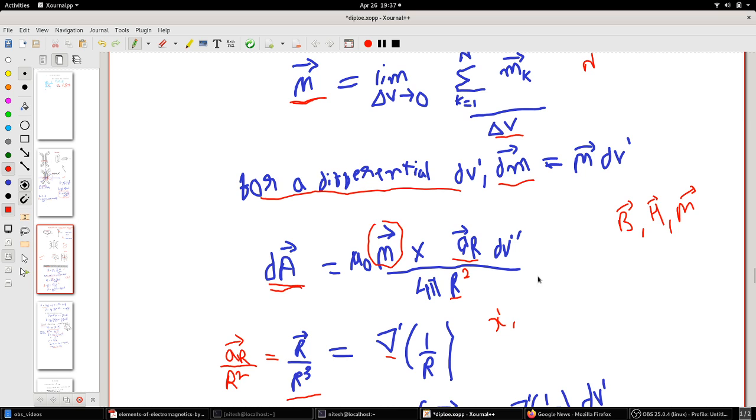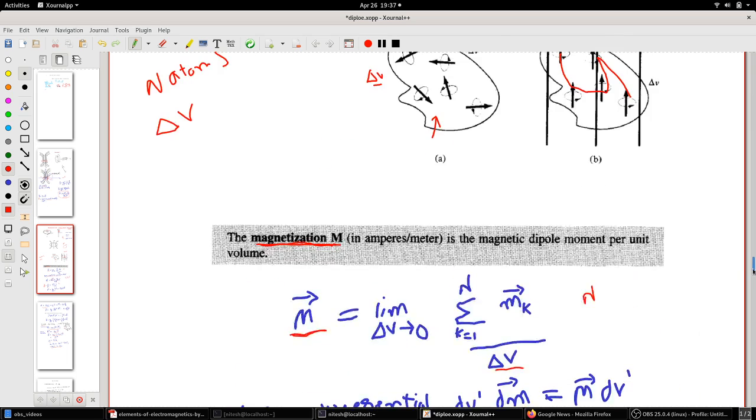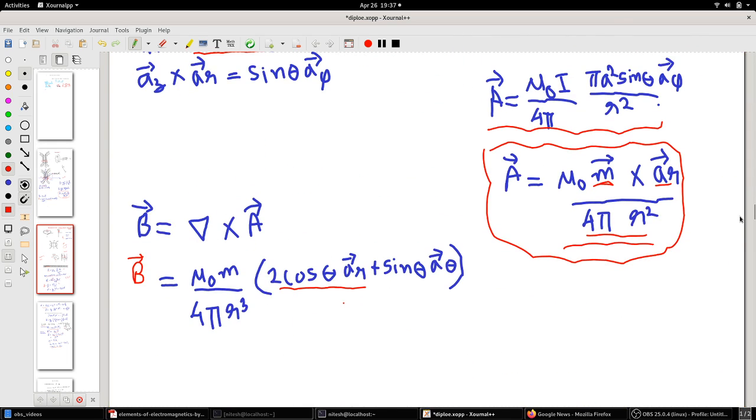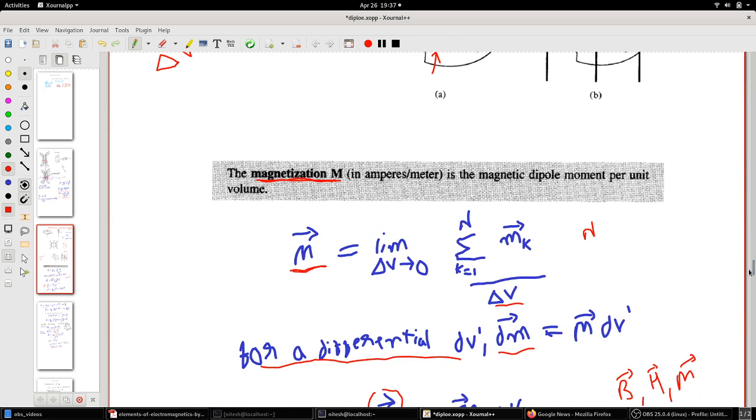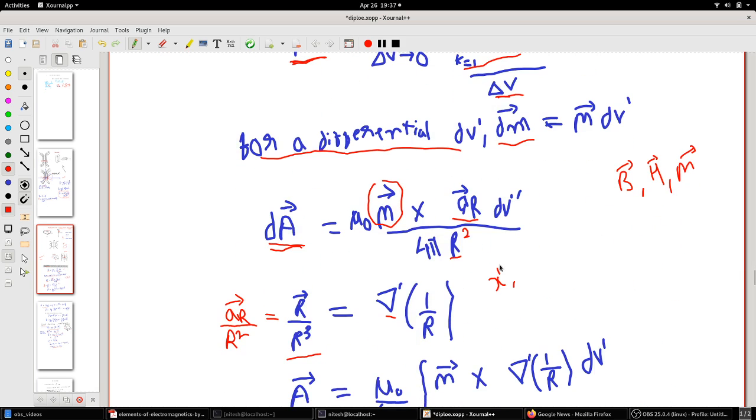The magnetic vector potential is given as mu 0 times m vector cross a_R divided by 4 pi r squared. The total m over a volume will be equal to the magnetization times delta V, so I replace m with M dV prime, where dV prime is the differential volume.